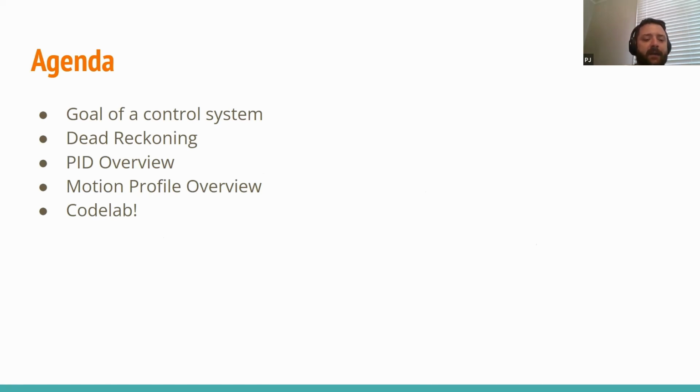I'll give a quick overview of what PID is and how you can tune it. WPI has a nice little thing that you can play around with now as an example. I'll also talk about what motion profiling is, which has many benefits over standard traditional PID. And then I have another code lab for today where we will go through and just tweak knobs until we get the robot acting like how we want it to work.